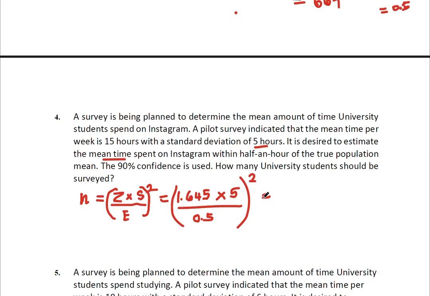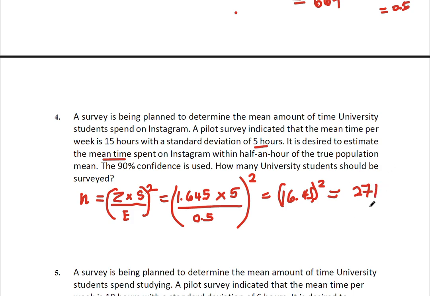So we multiply 1.645 by 5, divide by 0.5, which is 16.45. Then we square 16.45, and we get a required sample size of roughly 271.